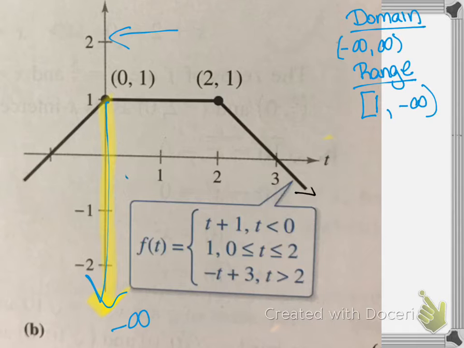You always write your interval notation with the smallest number first. So what's my smallest number with my range? Negative infinity. And then I go up to positive 1. So my range is negative infinity to 1.